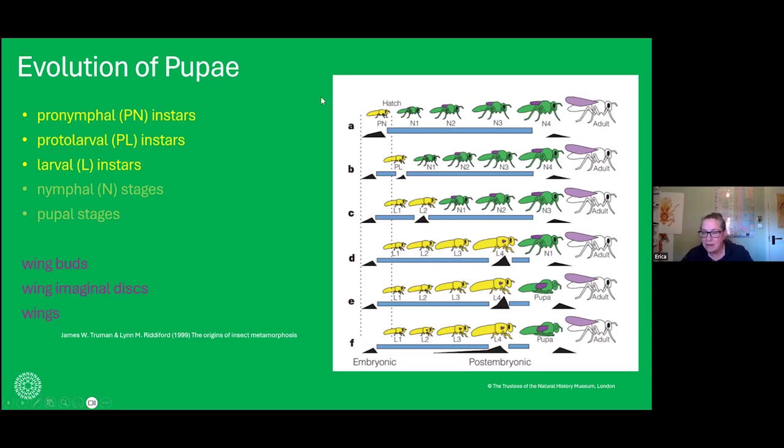So their hypothesis, the Truman-Riddiford hypothesis, was that the evolution of the metamorphosis is based on the premise that basal insects actually have these three different life forms, this pronymph, nymph, and adult. And they propose this is directly comparable to the larval, pupal, and adult stages of the holometabola.